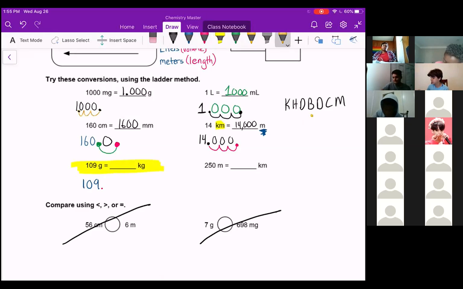So 1, 2, 3 places to the left. So I'm going to move this 1, 2, 3 places to the left. Here's my new decimal. So this is 0.109. And you don't have to, but if you want to put a 0 right there, you can.